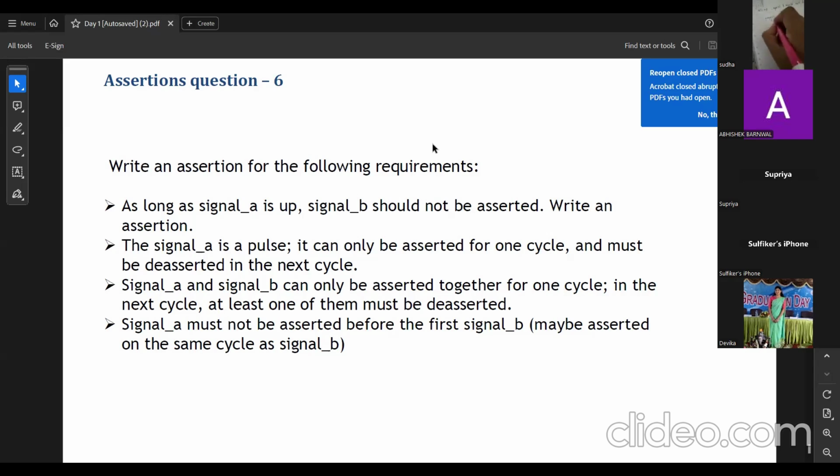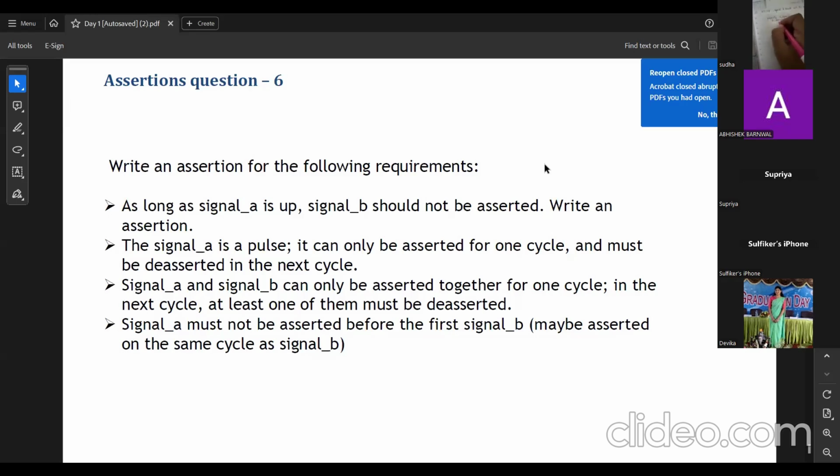And you are writing at the rate of posedge of clock. That is your triggering event, when this property has to be evaluated or executed. Then you want to write some condition for when you want to disable this assertion at any point of time.